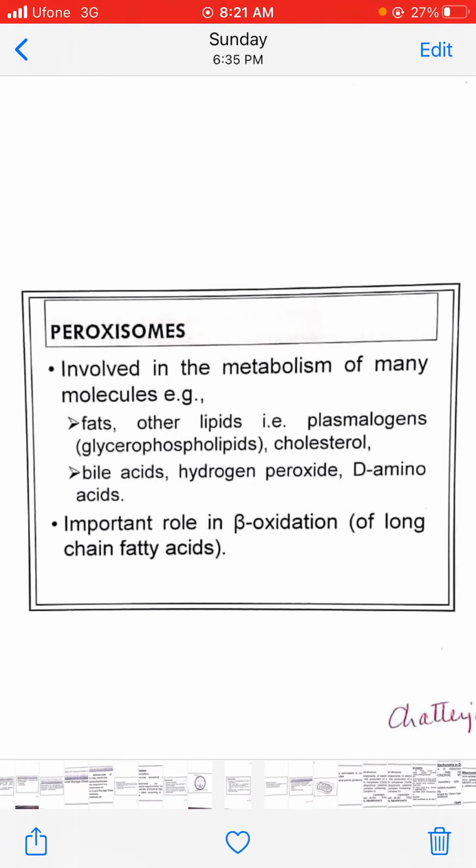These are toxic compounds which are very toxic to the body. If they are not metabolized or detoxified in the peroxisomes, they could cause damage. Like if hydrogen peroxide is not neutralized into water, it may lead to damage of the cell membrane.